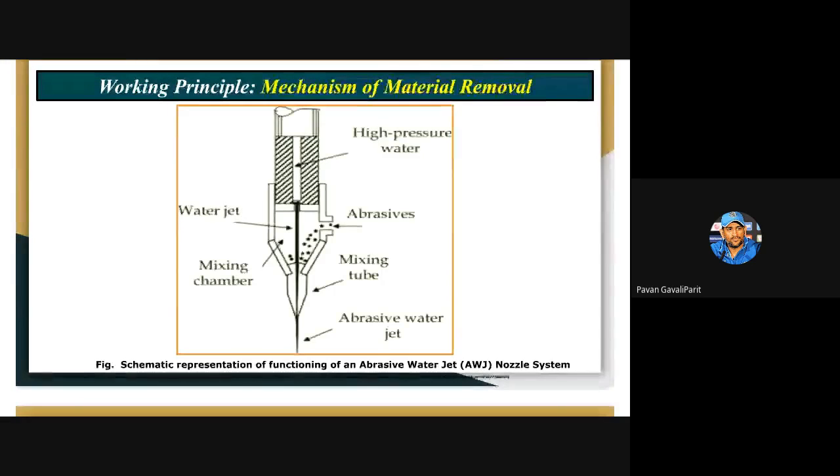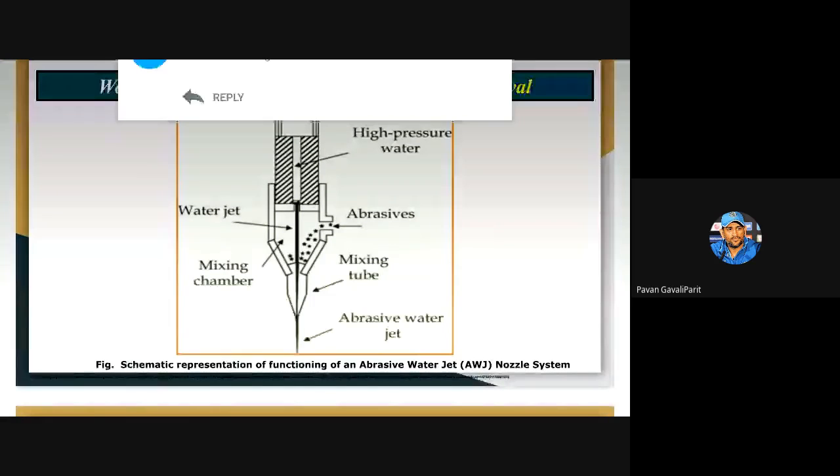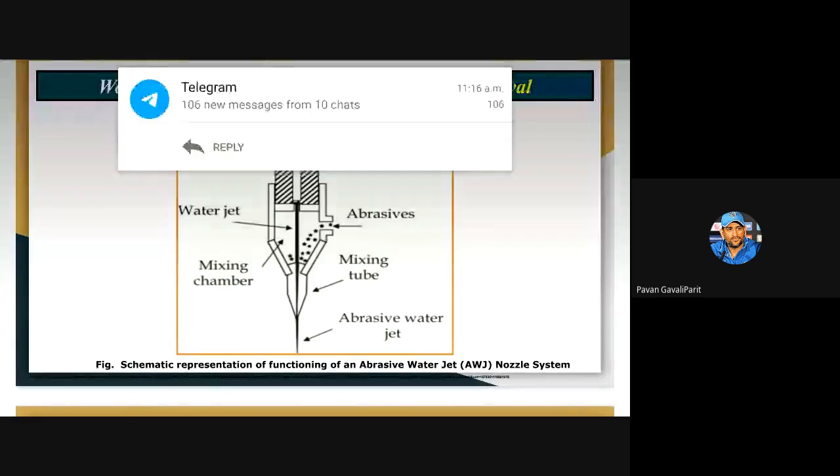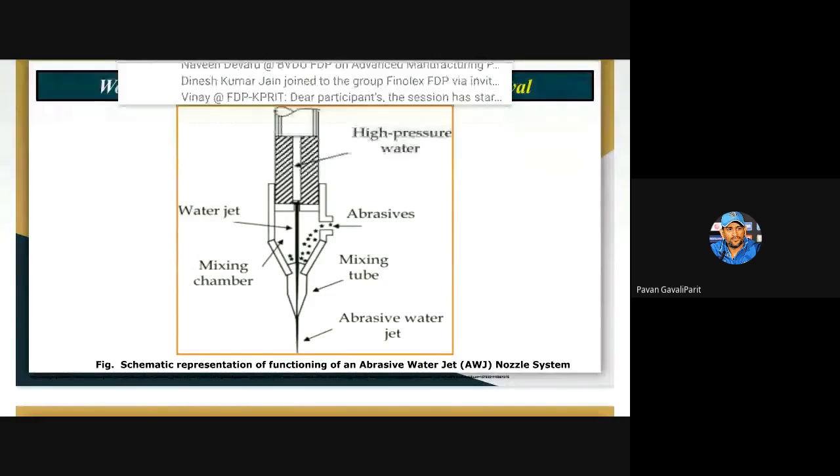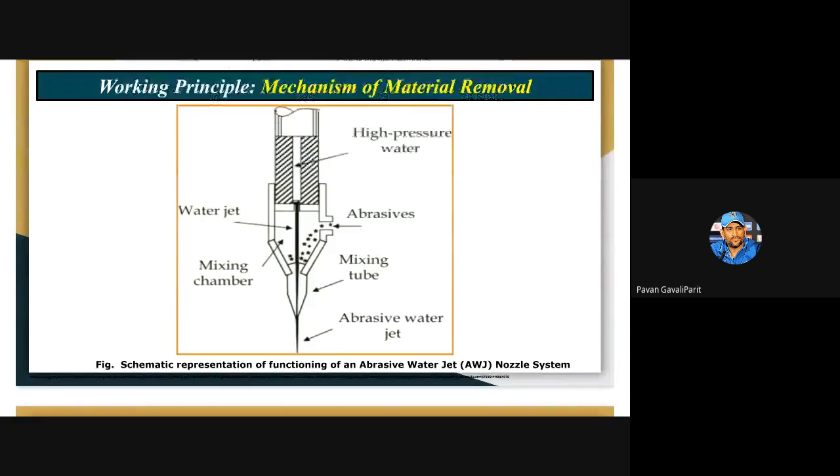Then when this abrasive water jet strikes or impinges on the workpiece, material removal will take place. When the abrasive water jet hits the work material, momentum transfer will occur.